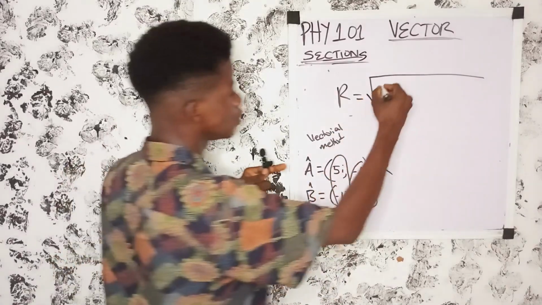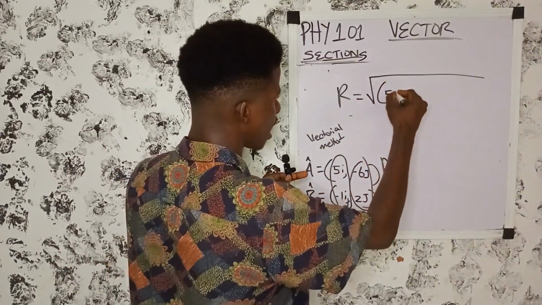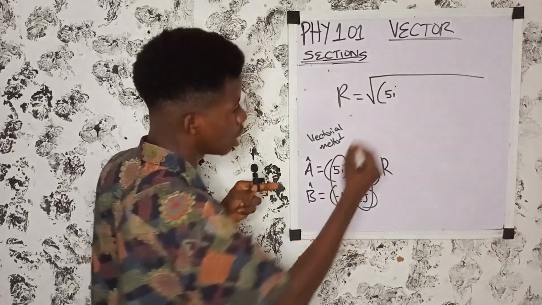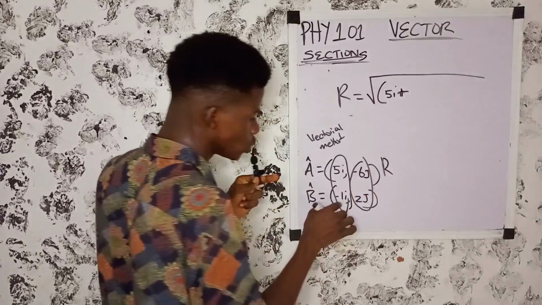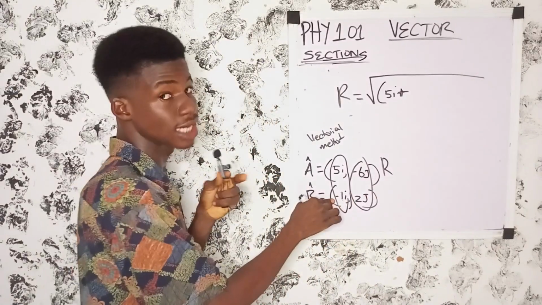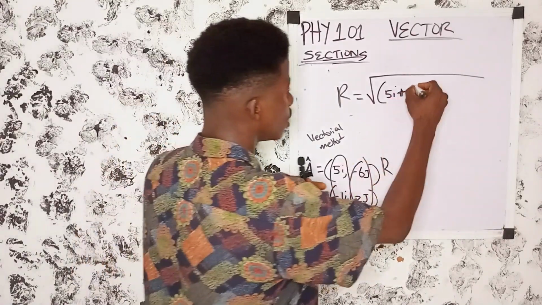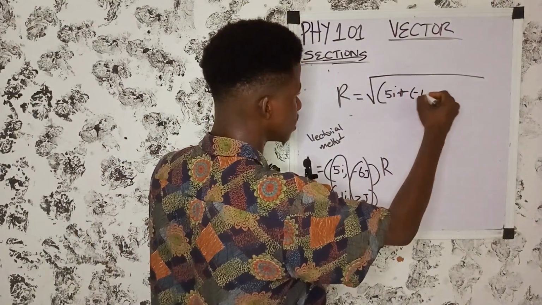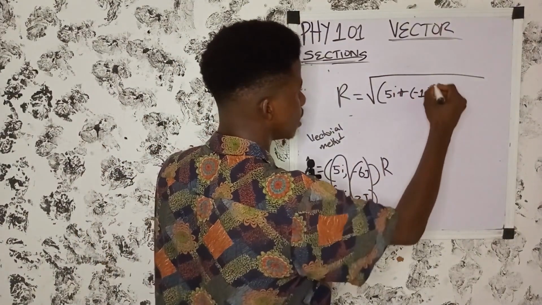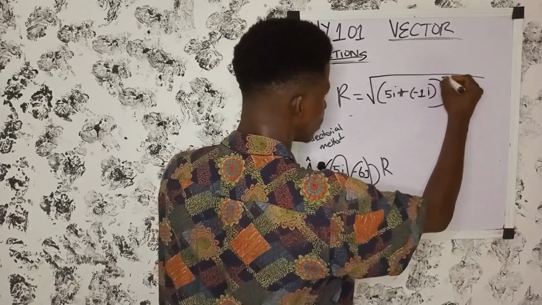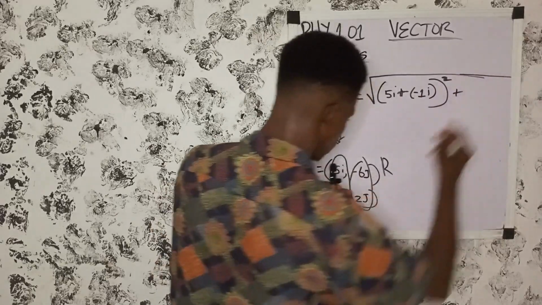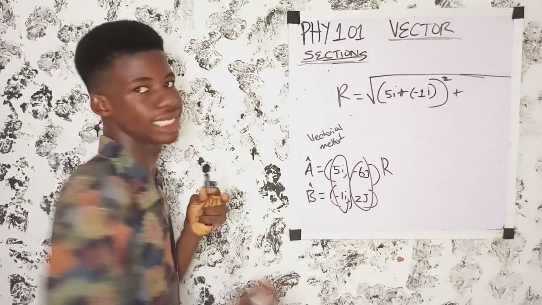Let's do it: 5i plus, because we are adding, this 1i carries a minus symbol, so minus 1i, bracket close, and we take the square. Then plus, these two are also going in the same direction.